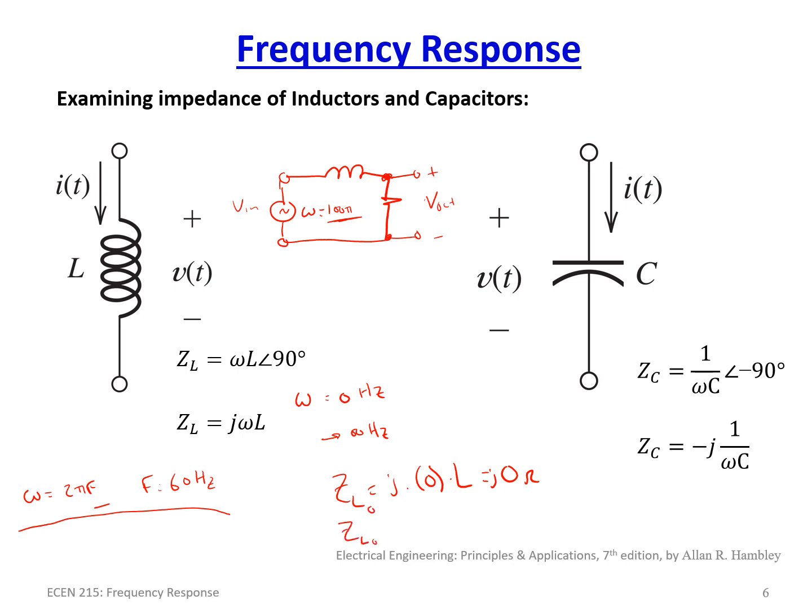And ZL at omega equal infinity, we end up with j omega L, which is j infinity ohms. And of course, if omega was something in between, for instance 100 pi, it would be j100 pi ohms. And this is where omega equals 100 pi. So we know all of this.